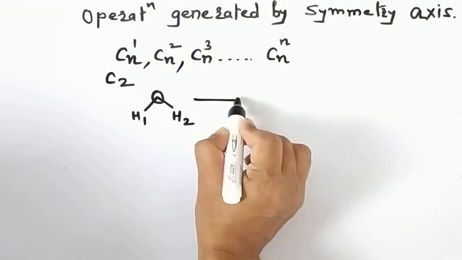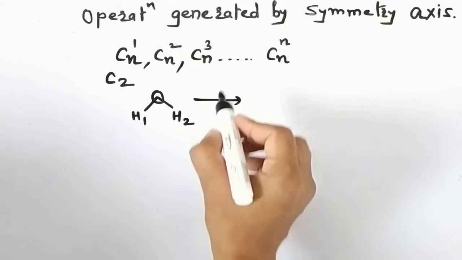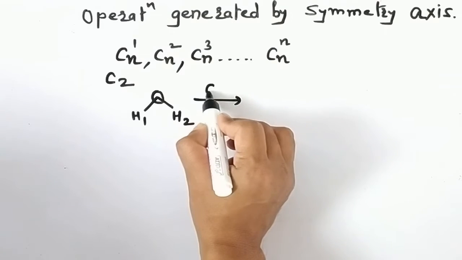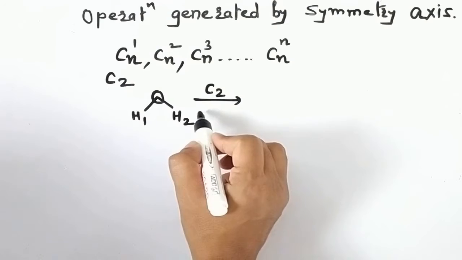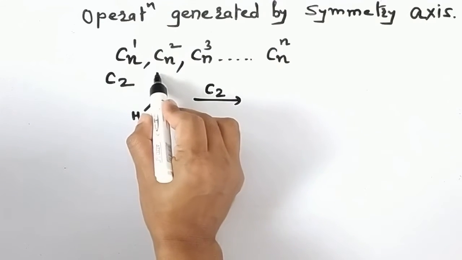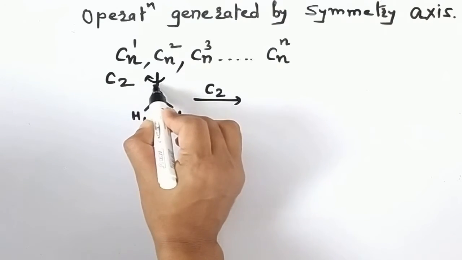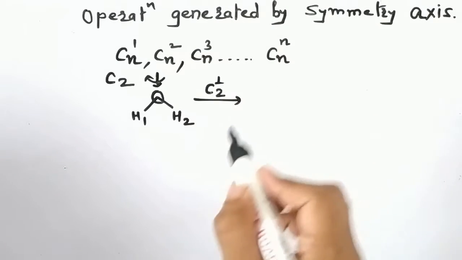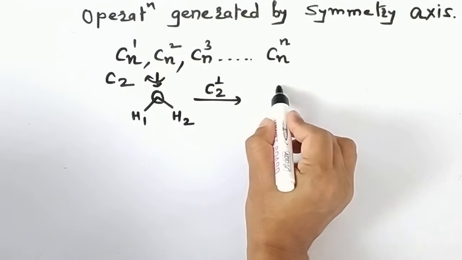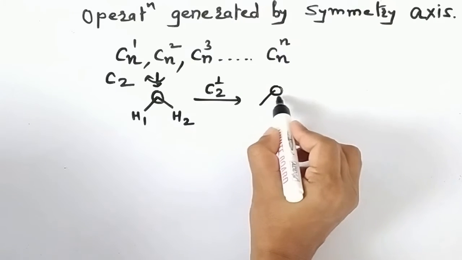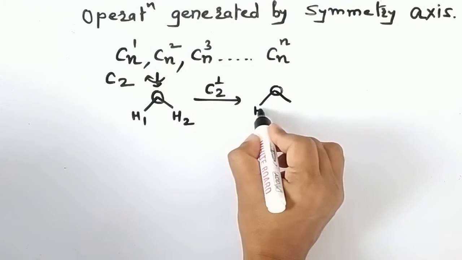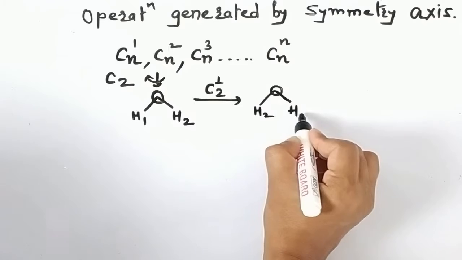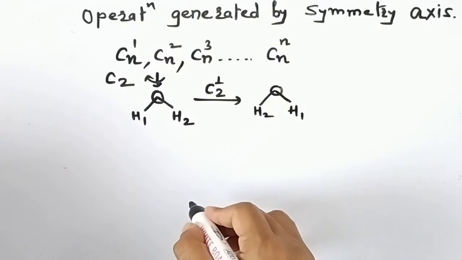Now here I will operate C2. C2 is nothing but a 180-degree clockwise rotation. So if I operate C2 one time, what resultant will I get? H2 and H1 will be replaced by one another.